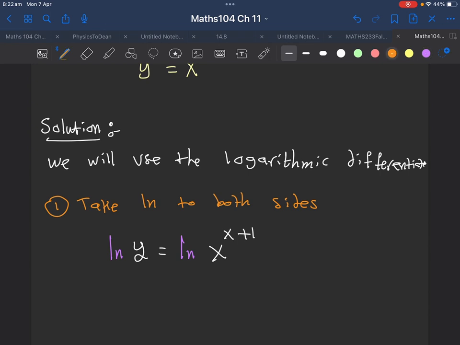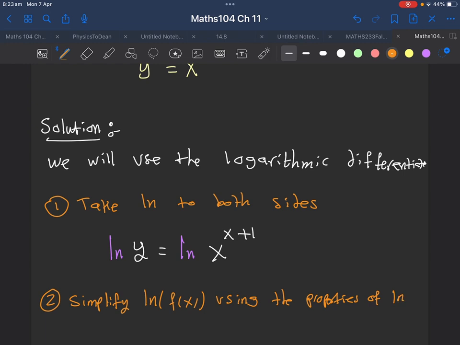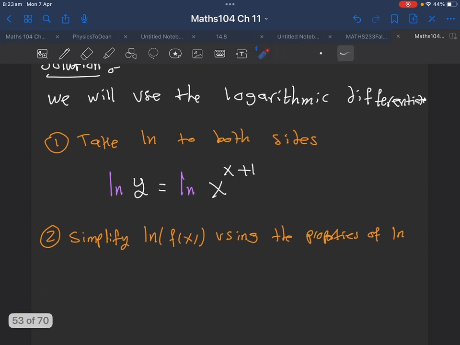Step number 2, simplify the right-hand side, which is ln f of x, using the properties of ln. What do we mean by properties of ln? We know what happens if there is a ln, what will happen to the power, for example? Well, the power will go down in front of the ln.